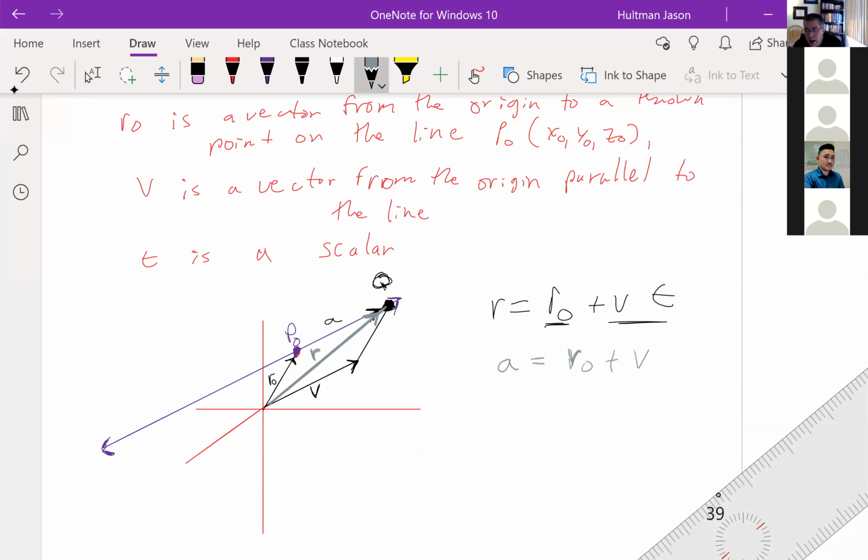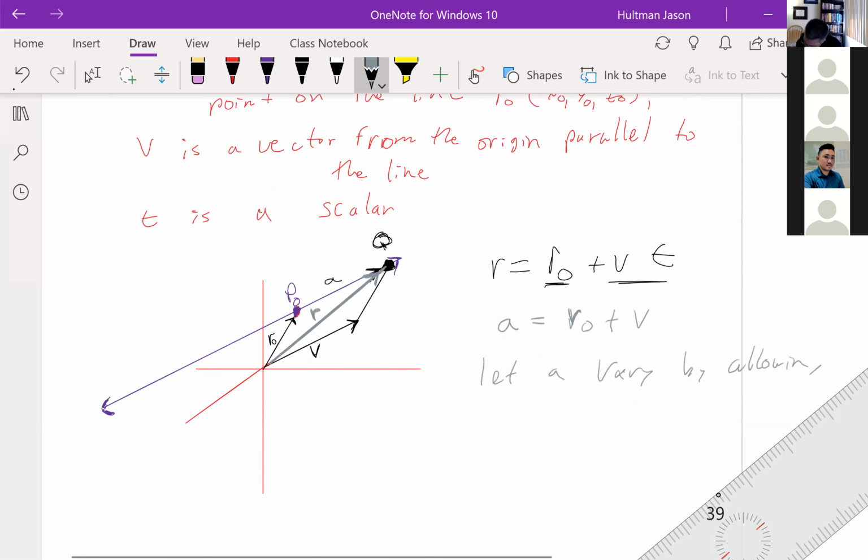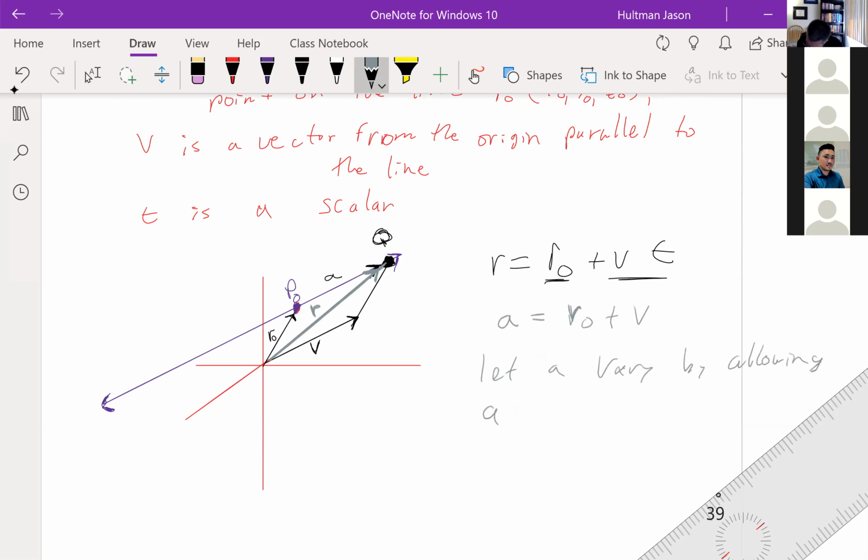But I could let A vary by allowing A to equal r naught plus v t, right?